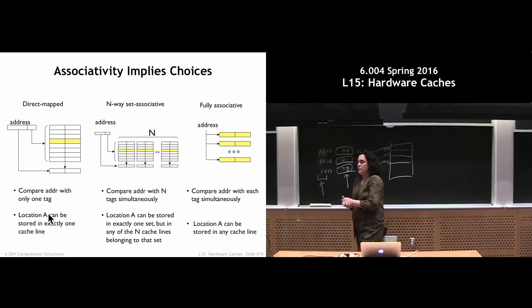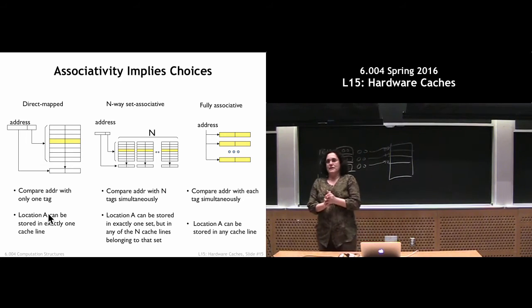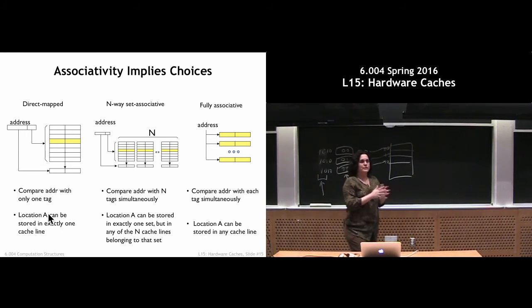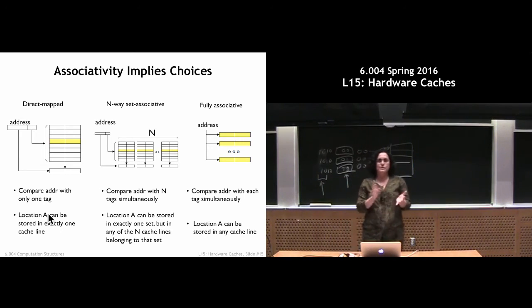Okay, so we've learned about a lot of things so far. We've got 3 different types of caches. We have direct mapped caches, where any given address can map to exactly one line. And so to determine if we have the right location, we simply need to do one tag comparison. We have our n-way set associative cache, where any address can map to n different locations.